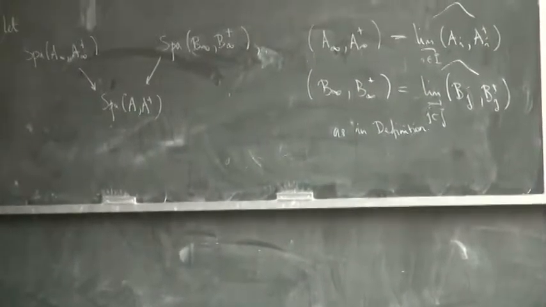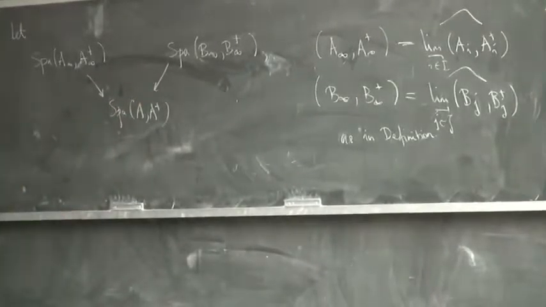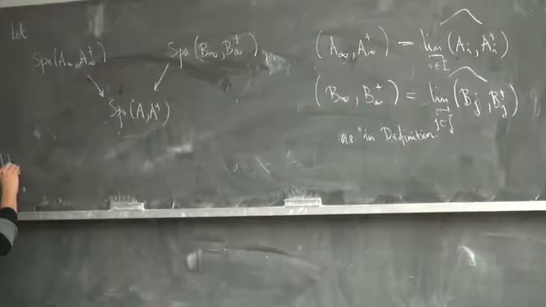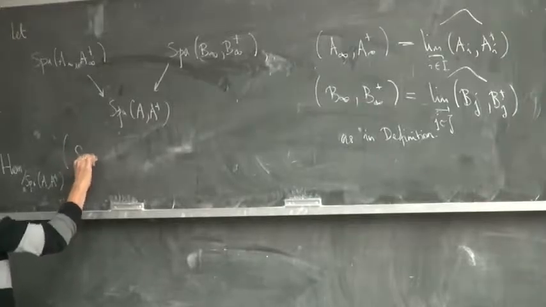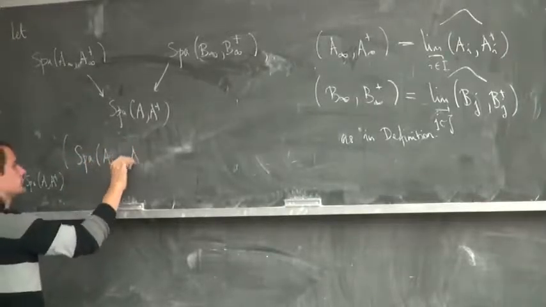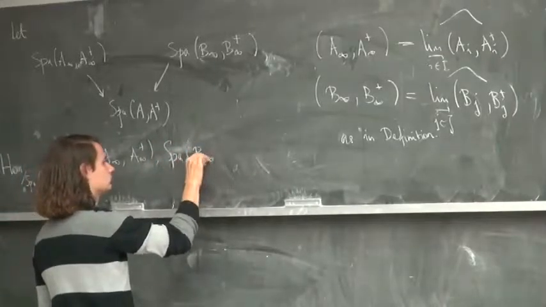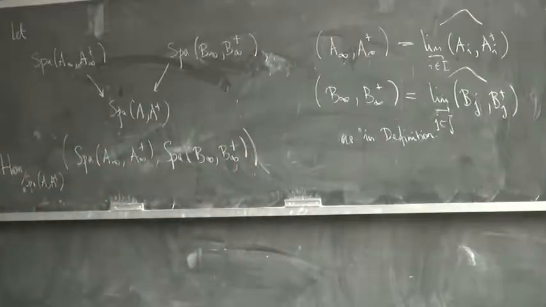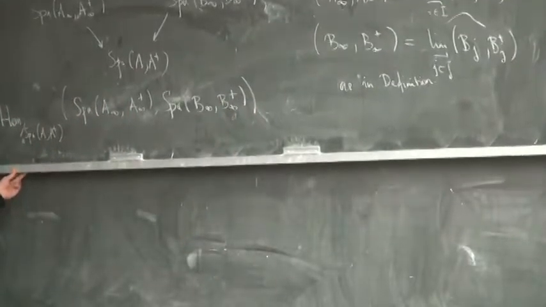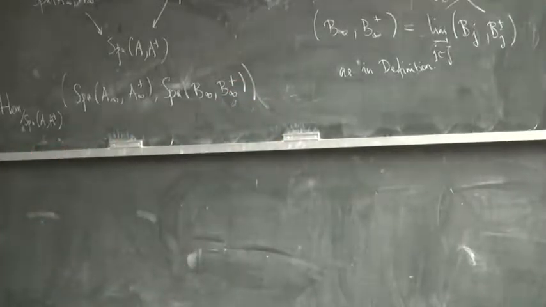Then we can actually compute what homomorphisms between those two guys are. So homomorphisms, which commute with the structure morphism, homomorphisms over Spa A plus. They are just objects of pro systems, homomorphisms of pro objects.